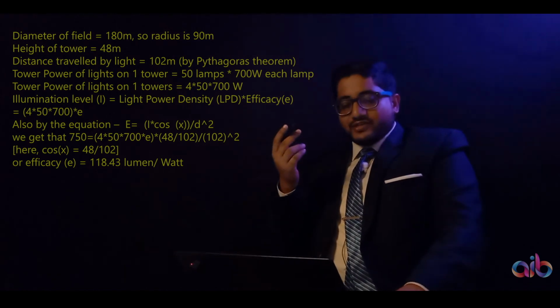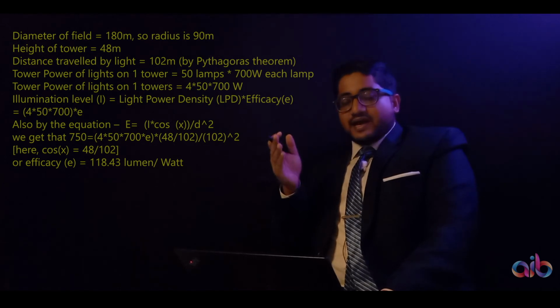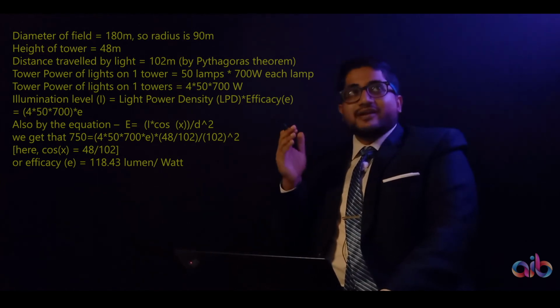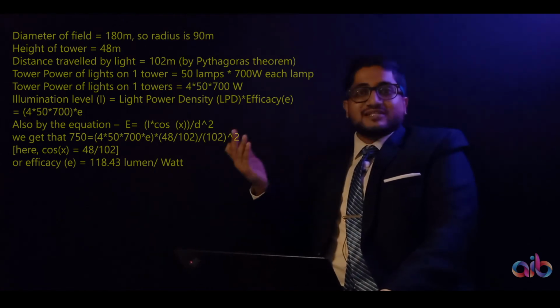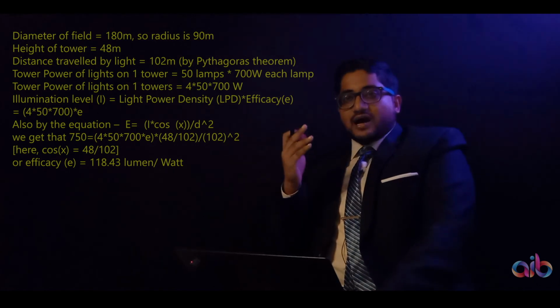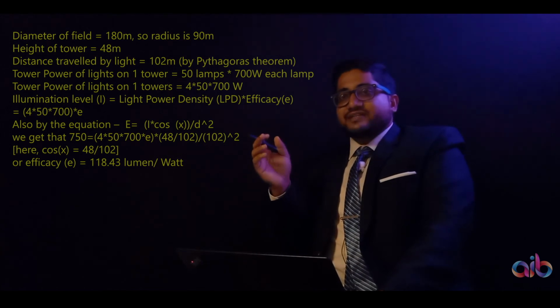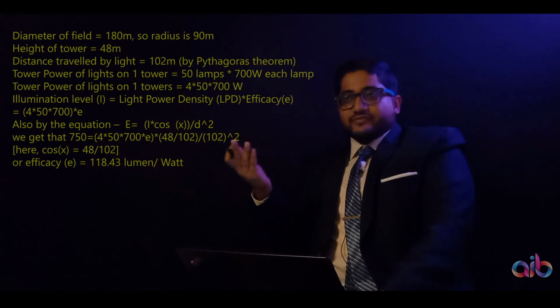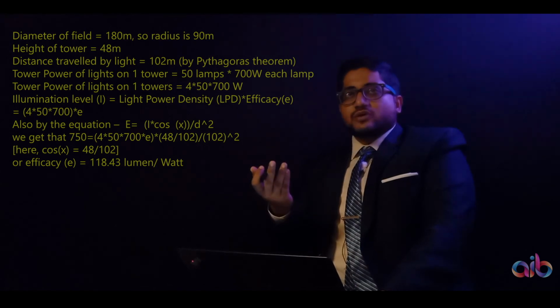So E they have mentioned at 750 lux, and on the other side you are calculating the complete relationship for I as 4 into 50 into 700 into efficacy, and dividing that by 102 whole squared, and obviously the cos theta component is also there. So equals I, 4 into efficacy into 700 into 50, cos theta would be the base by hypotenuse, where the hypotenuse is 102, and by d squared, the d is also 102 whole squared.